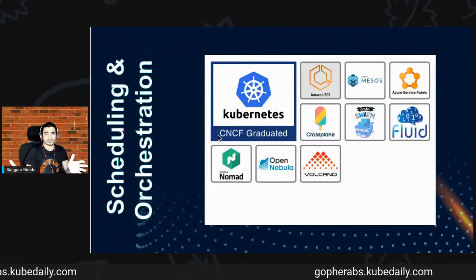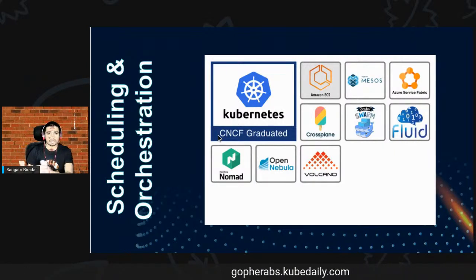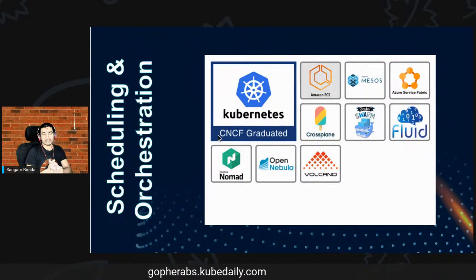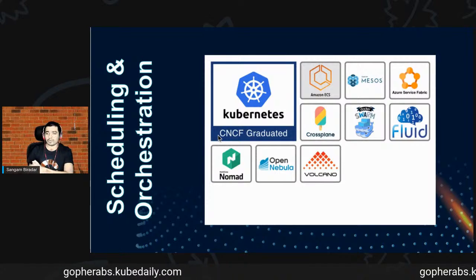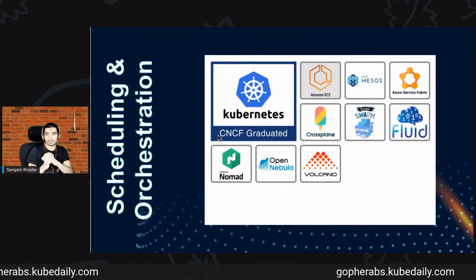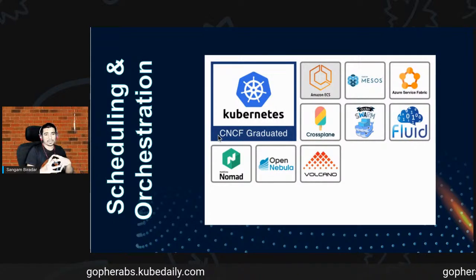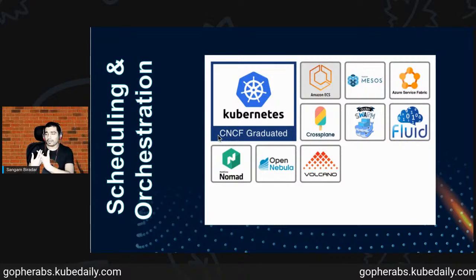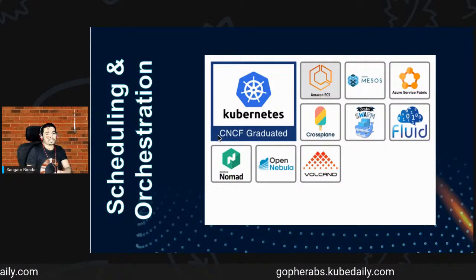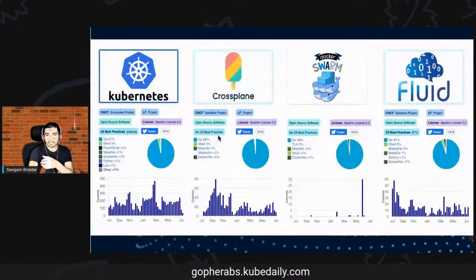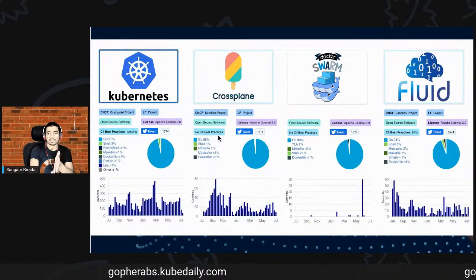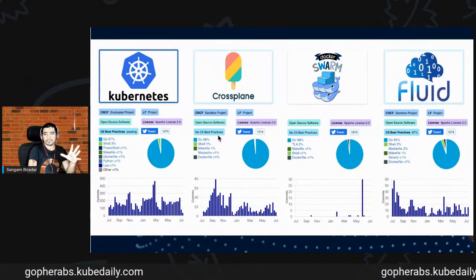And this is one of our favorites, scheduling and orchestration. Today, Kubernetes is one of the biggest projects after the Linux project, I think. Kubernetes is written entirely in Go. And this is the first project built by Google but donated to CNCF. Kubernetes 97% of the code is written in Go.